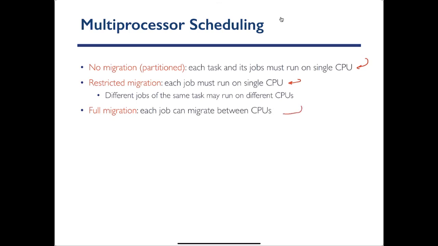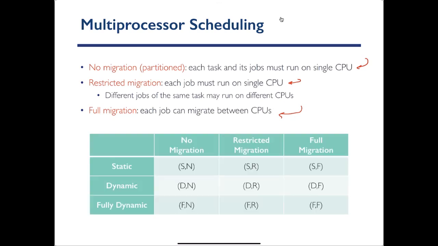And finally, I have the full migration that would allow jobs to also migrate. So a job could run half of its execution on CPU1 and then migrate to CPU2 and finish on CPU2. So these are three types of migrations that you could imagine supporting, right? Depending on these three types and the three types of priority assignments.